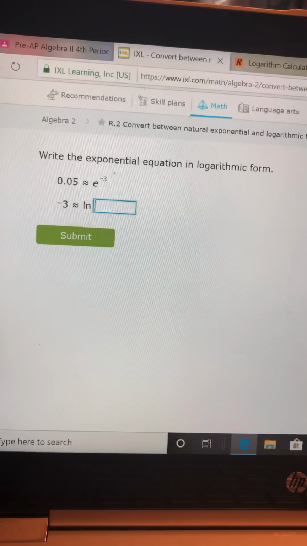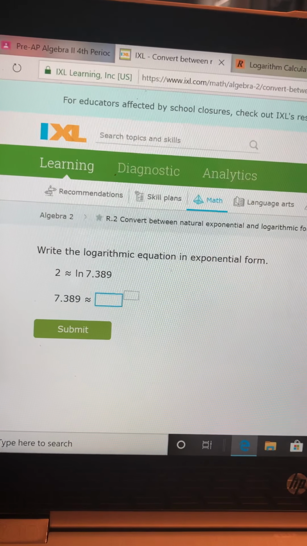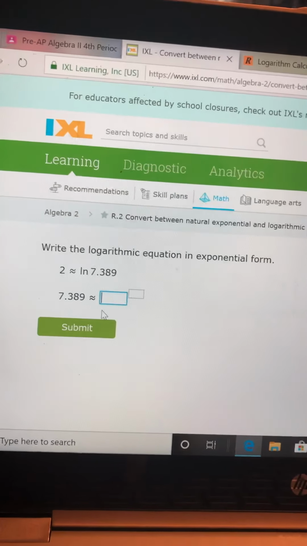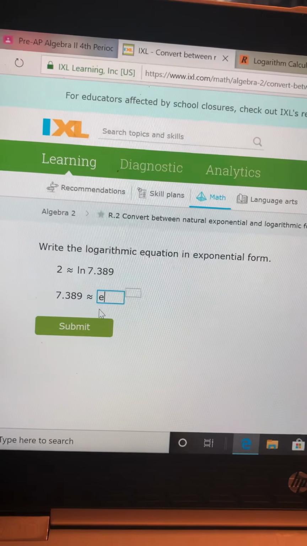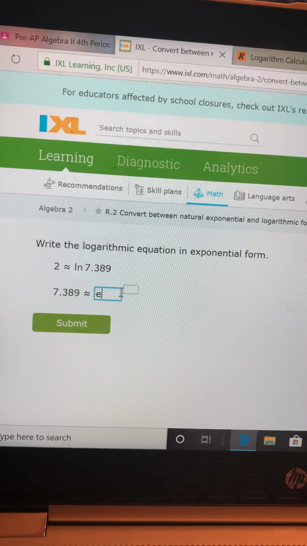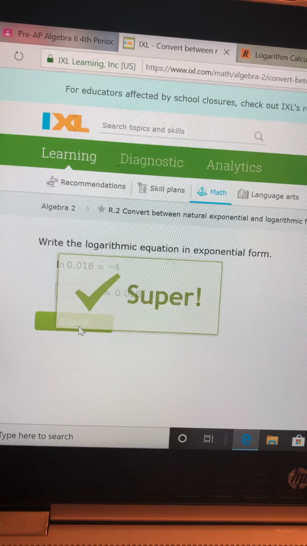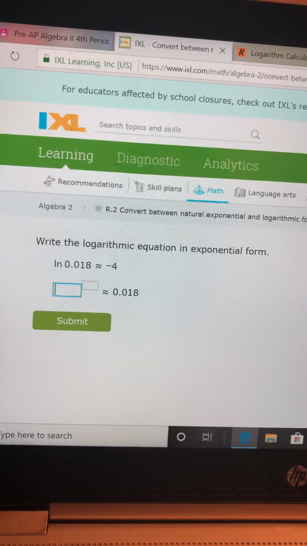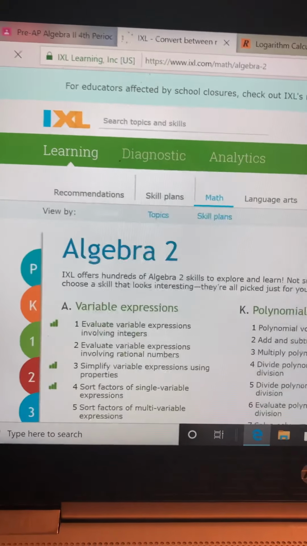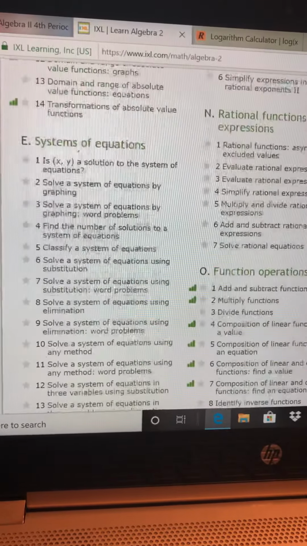Still the same thing. Oh, this one's going to actually make me type in. So here I need to put e. All right, so ln and e are the same thing, and 2 is the exponent. Okay, let's go to another section. Those are pretty easy.